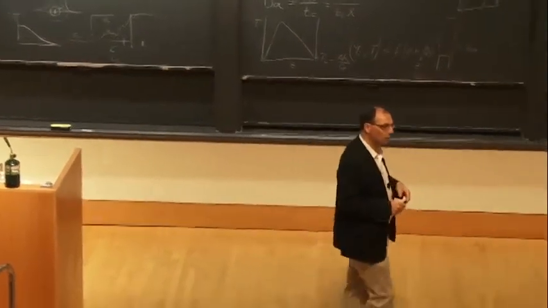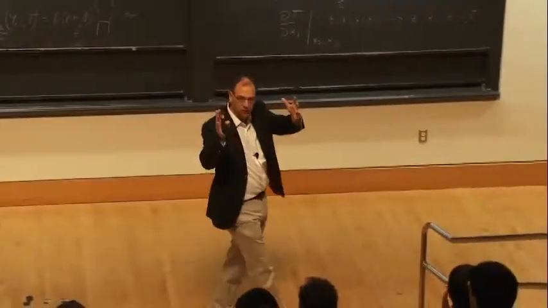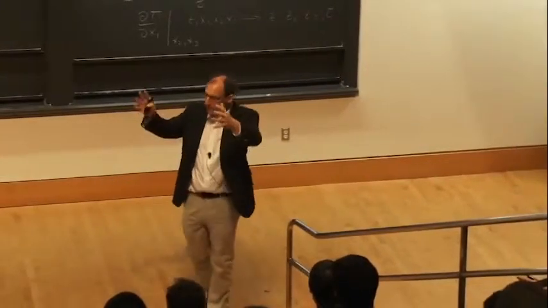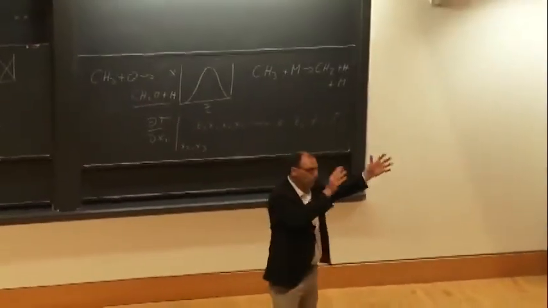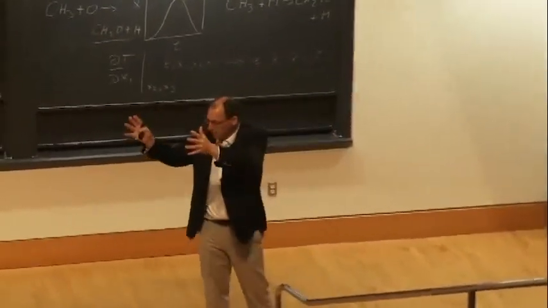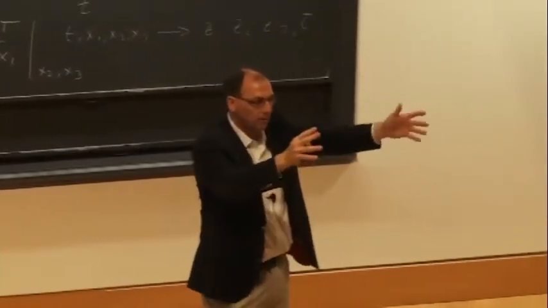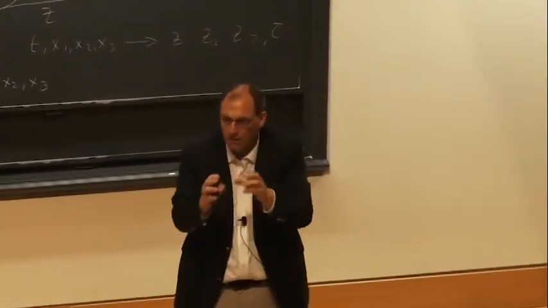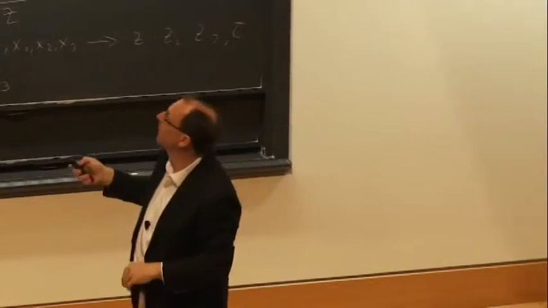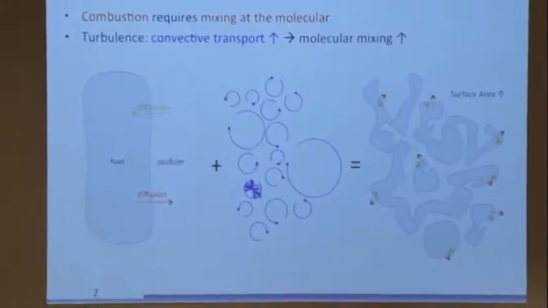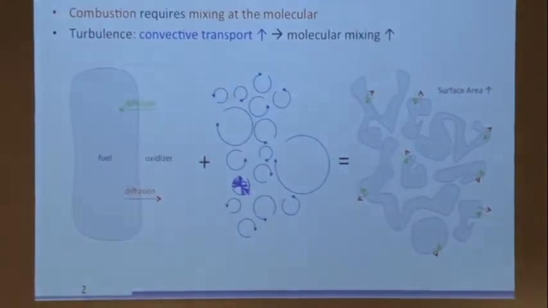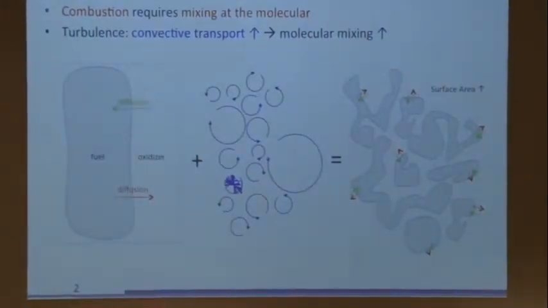And it does it not only on one scale. It doesn't have just these large, big eddies that take a big piece from here and put it here. It takes a big piece from here and puts it here, but then it takes smaller pieces and puts them there, and yet smaller pieces, and so on. Turbulent mixing, again, think of it as not molecular mixing.